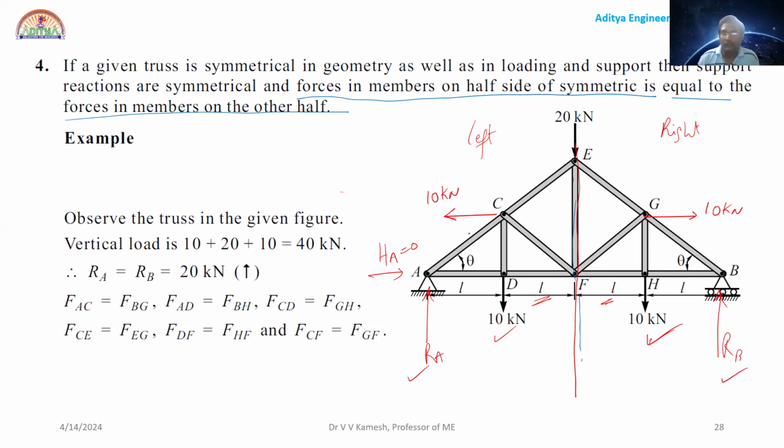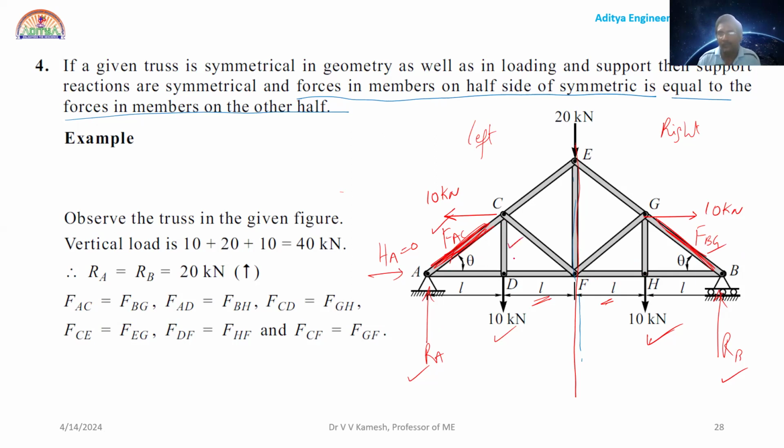Then the force induced in one side of the member is equal to the other side of the member. Suppose I am calculating FAC. Symmetric to this, what is on the right side? BG. So if I calculate FAC, I need not calculate FBG. Same thing on the opposite side, mirror image, right?